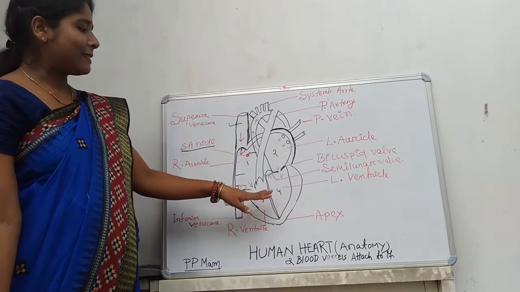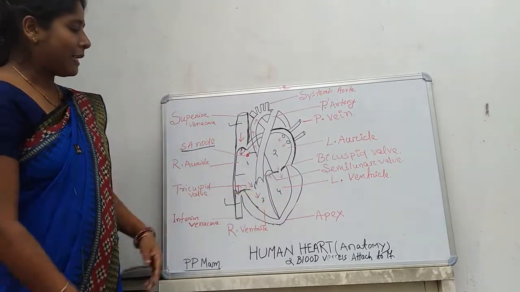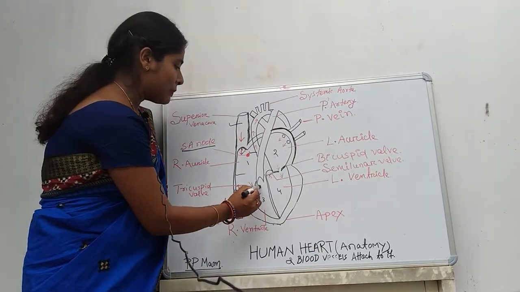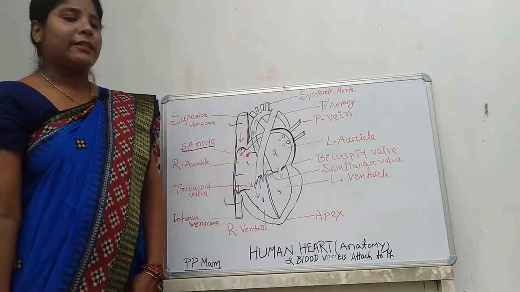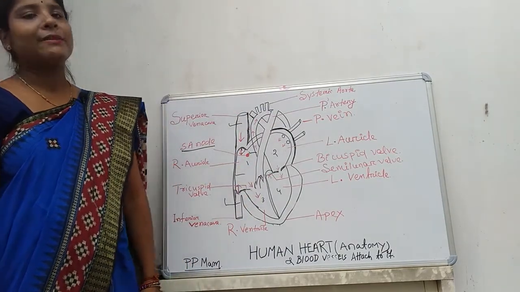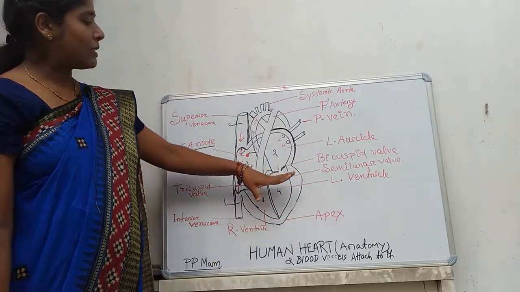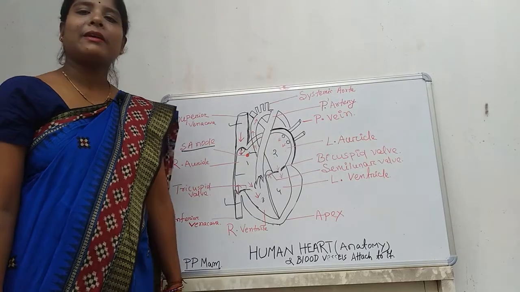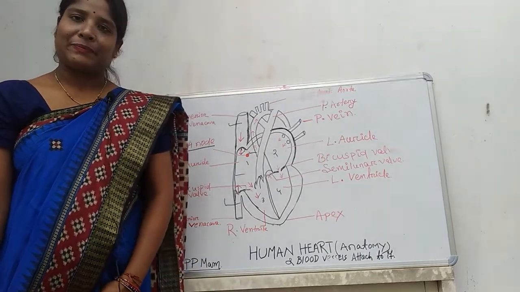The ventricles now start contracting. So from the right ventricle through the pulmonary artery the impure blood goes to the lungs for purification, and from the left ventricle through the systemic aorta the blood goes to all parts of the body for circulation.